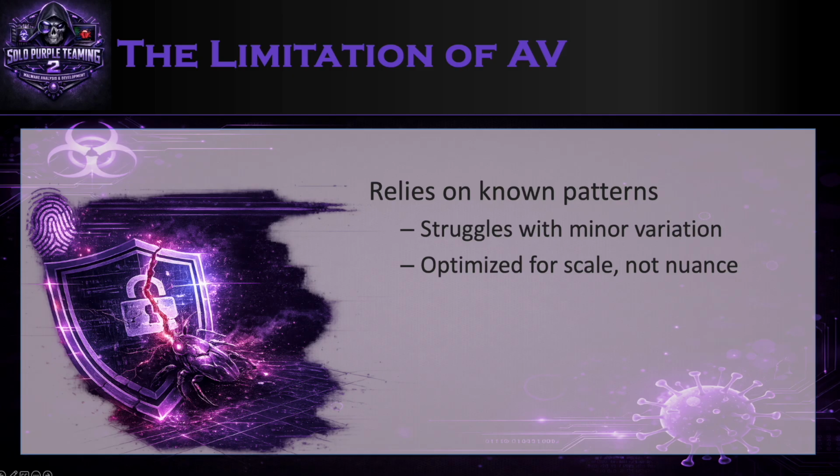These systems are optimized for speed and coverage, not understanding the intent or behavior. As a result, antivirus can appear effective in controlled tests yet fail quietly in real world scenarios, revealing why signature based detection is inherently brittle.